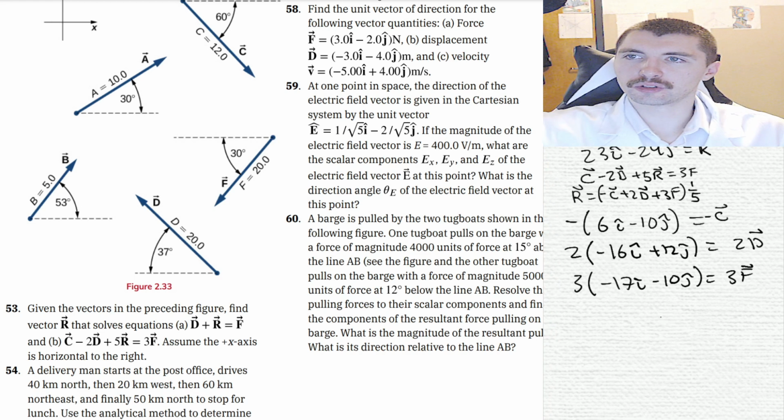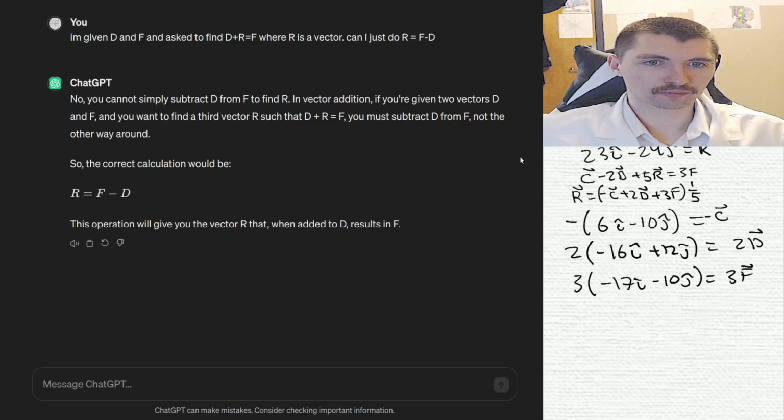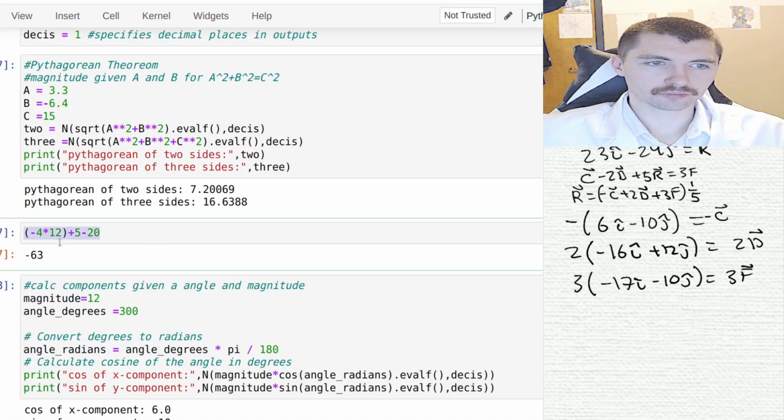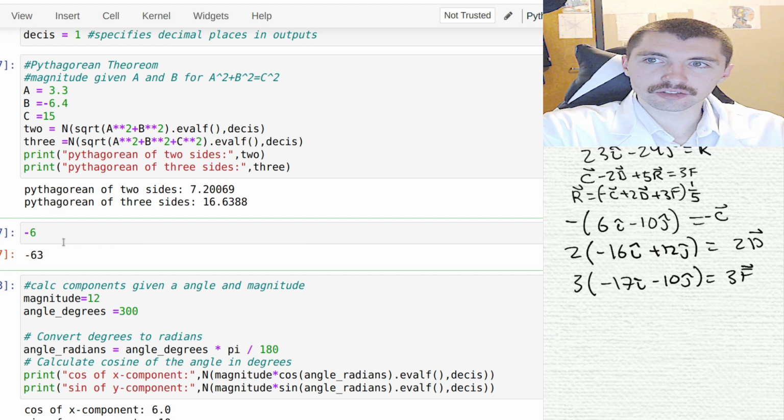So we are going to add these and then divide by 5. So negative 6 plus 2 times negative 16 plus 3 times negative 17.